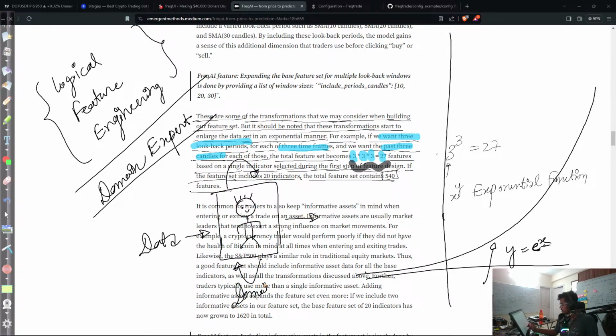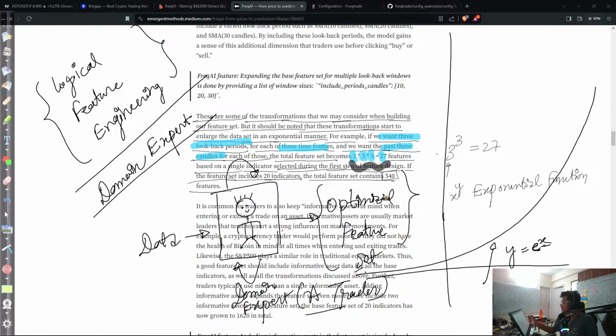Remember that there's a domain expert, in this case a trader. And then you basically have an optimized feature set for your problem to be solved. That's what we're going to be doing.